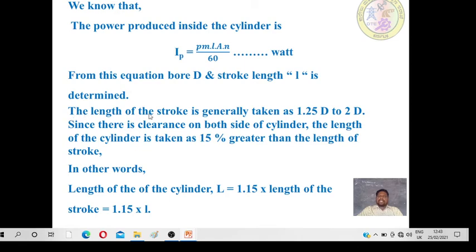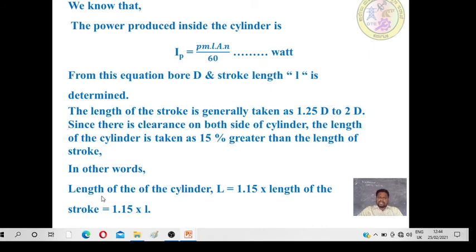Now the length of the stroke is generally taken as 1.25 D to 2 D. So you can even take this also. Since there is clearance on both sides of the cylinder, the length of the cylinder is taken as 15% greater than the length of the stroke. This is the length of the stroke, small l, and after finding the length of the stroke, we have to add 15% extra for the purpose of clearance, since we have clearance on both sides.